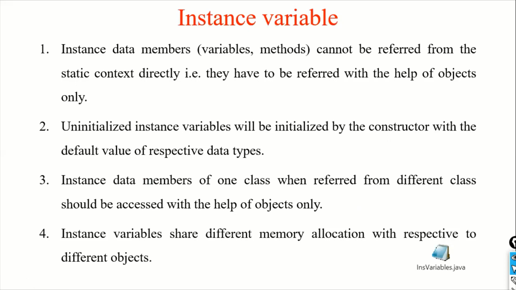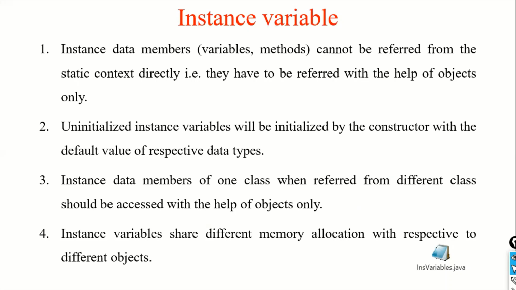Instance variables. All the instance data members cannot be referred from the static context directly. If you are trying to refer to them from the static context, they have to be referred with the help of objects only. All the uninitialized instance variables will be initialized by the constructor with the default values of the respective data types.